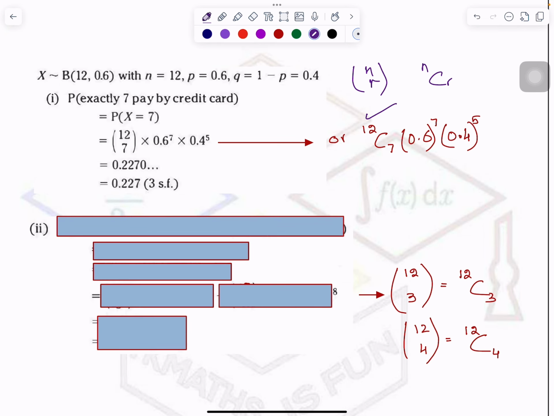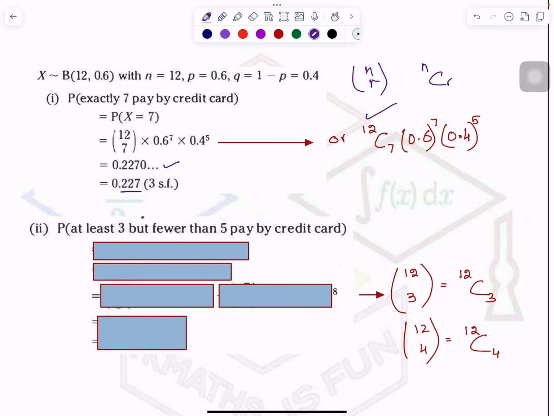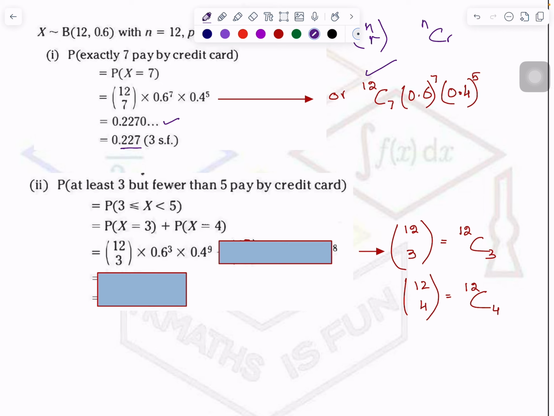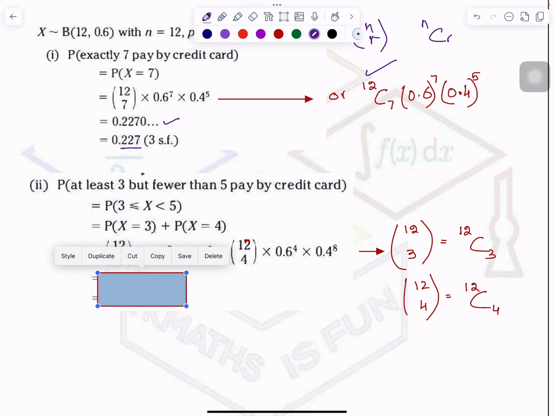And it is always recommended, before writing your final answer in 3 significant figures, to write above it the answer in 4 or 5 decimal places, so that one can see that you have correctly rounded it off to 3 significant figures. And then you can add this up.